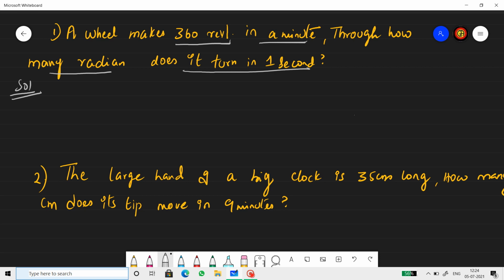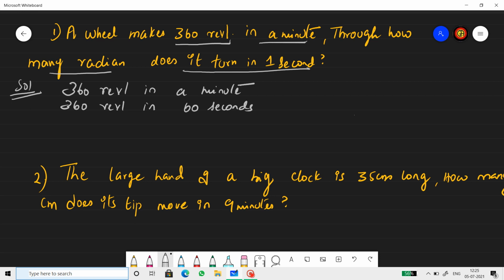How many revolutions does it make in a minute? It makes 360 revolutions in a minute, which is equal to 360 revolutions in 60 seconds, isn't it?